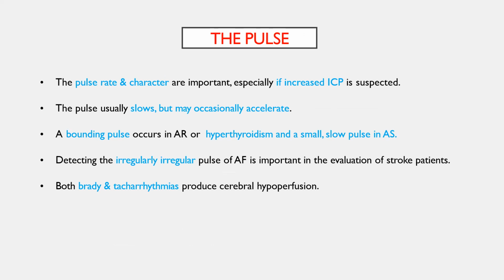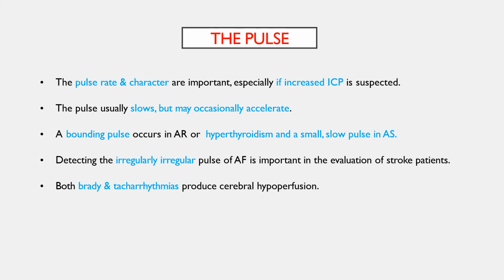Second one is pulse. As all of you know, whenever you are defining the pulse, you need to write about rate, rhythm, delay, character, all those things. It is helpful in various conditions that indirectly indicate the etiology for the current condition. First, define the rate, whether the patient has bradycardia or tachycardia, bradyarrhythmias or tachyarrhythmias.